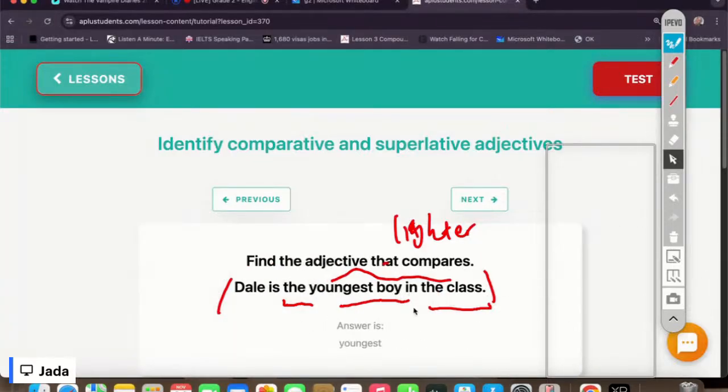Then Dil is the youngest boy in class. We have, oh, good example. He's the shortest in his class. That's great. Thank you for that. So look at this. Also, we have Dil is the youngest boy in the class. So what do you think is the adjective here in this sentence? Send me your answers on the chat because I can see them.